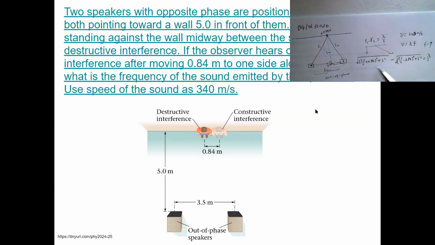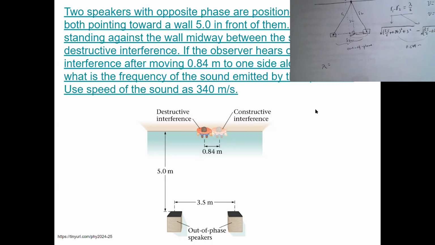You can solve for lambda from there. If you plug in the numbers, the left hand side is 0.549 meters, and multiplying by 2 gives you lambda. So lambda equals 2 times 0.549 meters, which is 1.098 meters.